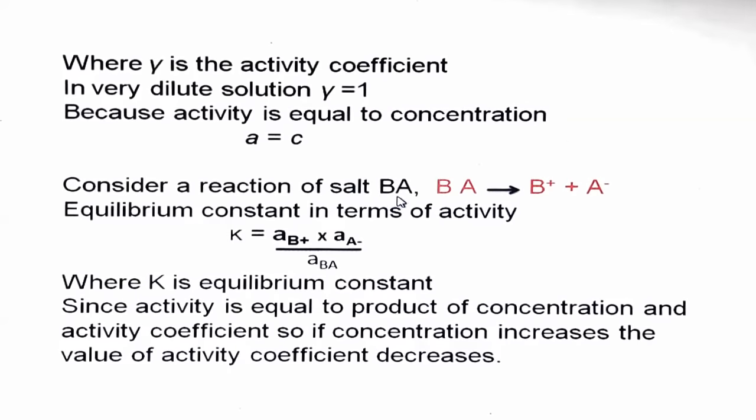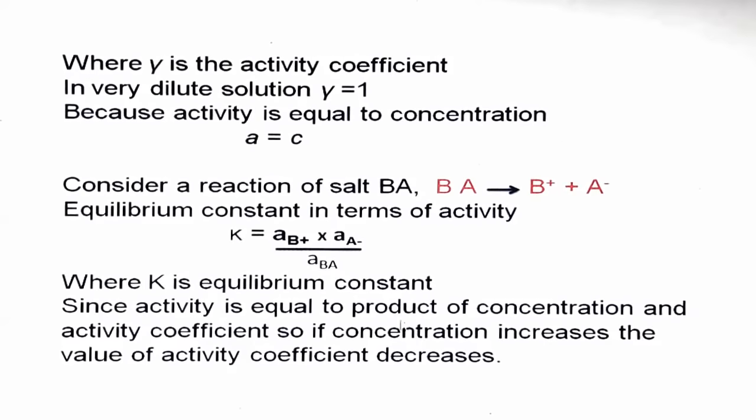Consider a salt AB. AB will dissociate and form A positive and B negative. So how will we write the equilibrium constant in terms of activity? It is the product of the activities of these products: K equals a(A+) times a(B-) upon a(AB), where K is the equilibrium constant.